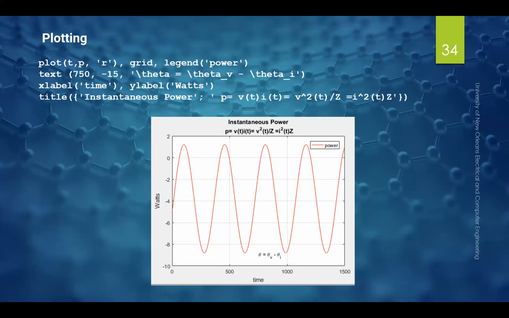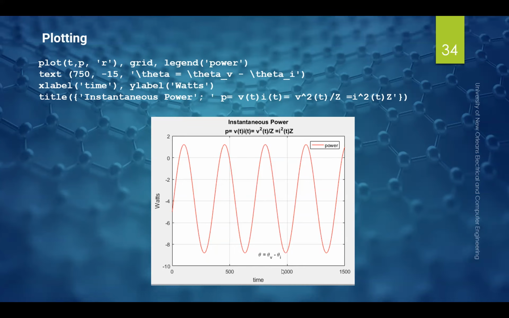We just want to show the plot and the different things that we've used or added to the plot. Of course, the legend I use is power, right? And I added a text box, if you will, which you can see right here.